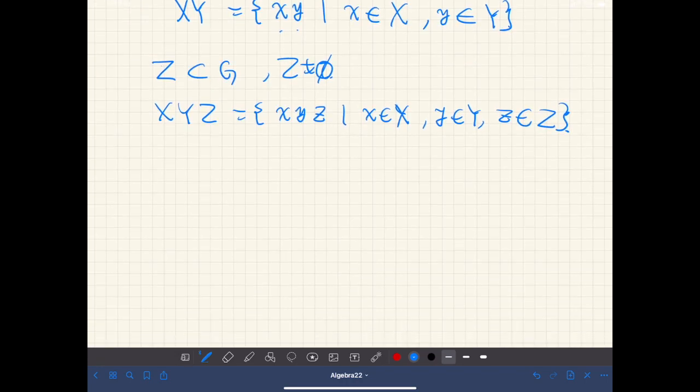And in particular, suppose X is a subset consisting of only one element x. Instead of writing the curly brackets, we write just xY. So we just omit these curly brackets to mean this.